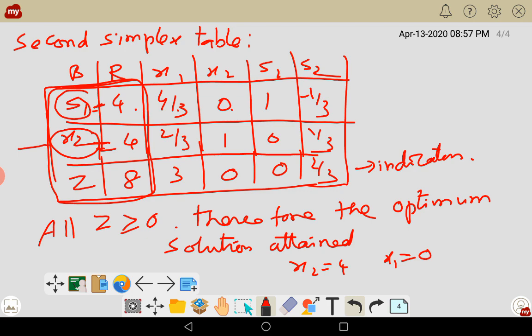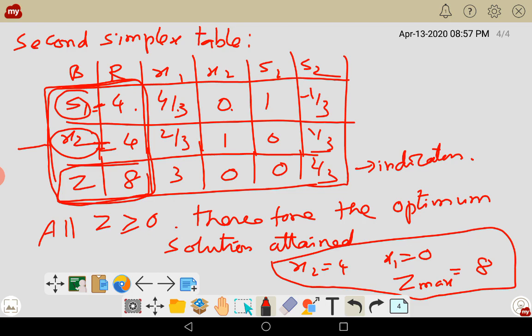The z value is here, z maximum. So z maximum is equal to 8. All the solution values have been taken from the first 2 columns. See, z is 8 here, x2 is 4, there is no x1 which is our main variable. So x1 is 0, x2 is 4.